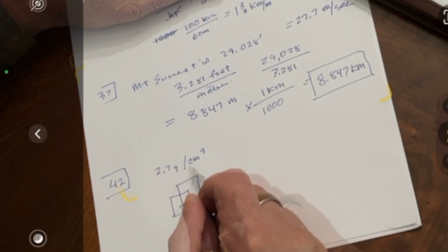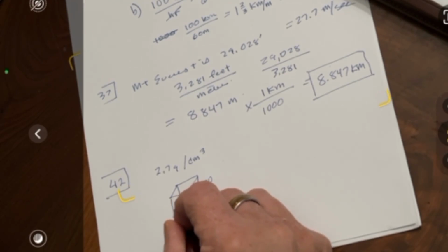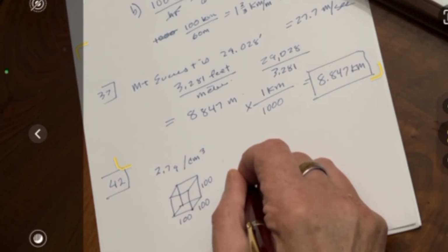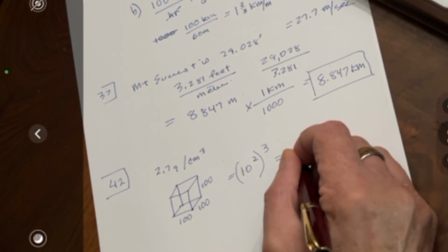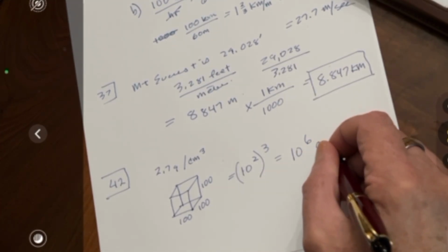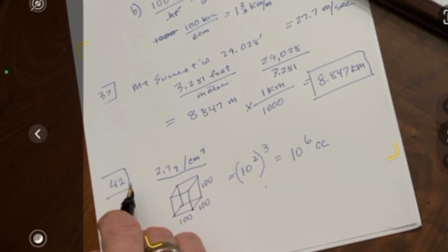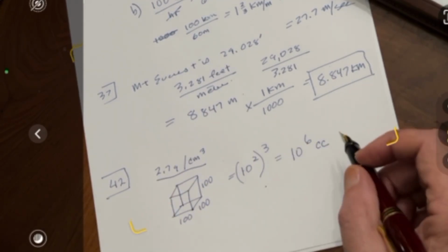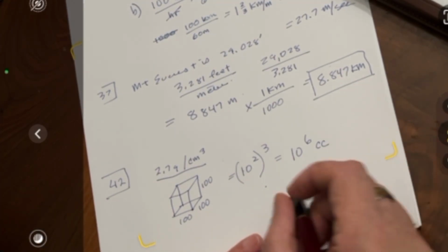Okay, so here's our meter. That means that we have 100 centimeters on a side. So that equals 10 to the 2 cubed equals 10 to the 6 cubic centimeters. Our density here is given in grams per cubic centimeter, so there's obviously a shortcut to do this, but I'm trying to do every step along the way.